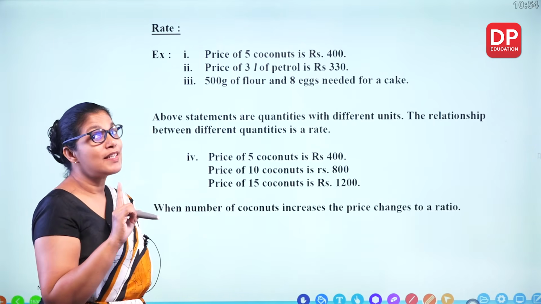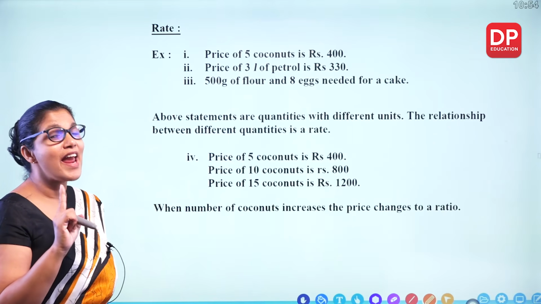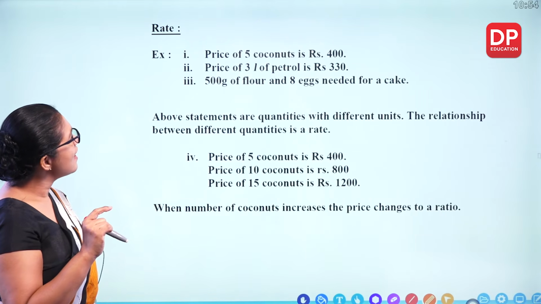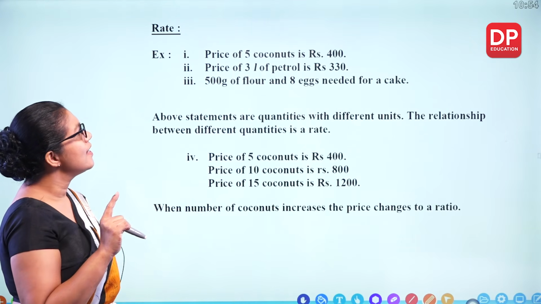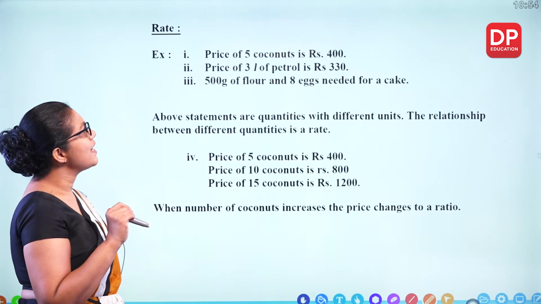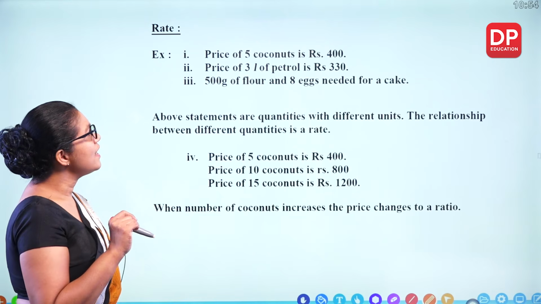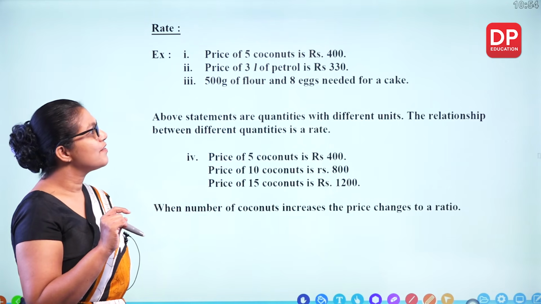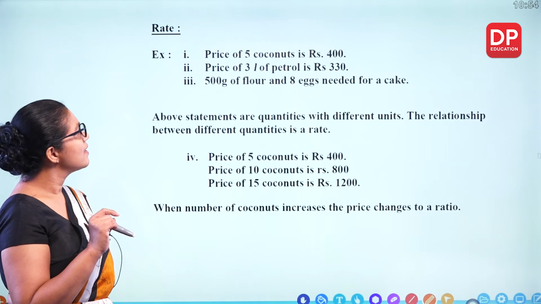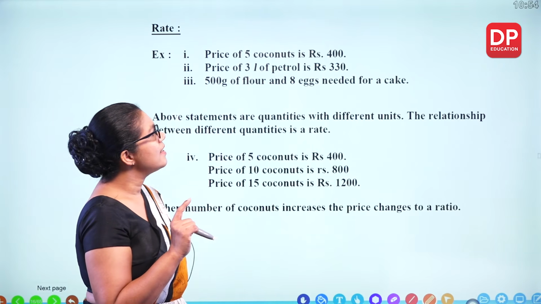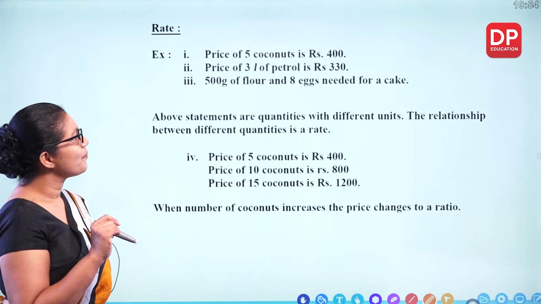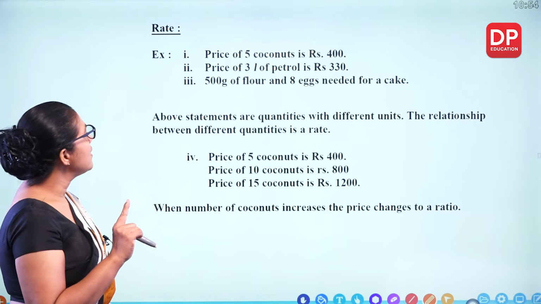Now we'll see what's the difference between ratio and rate. Look at these examples. Price of 5 coconuts is 400 rupees. Price of 3 liters of petrol is 330 rupees. 500 grams of flour and 8 eggs needed for a cake. So look at all these.